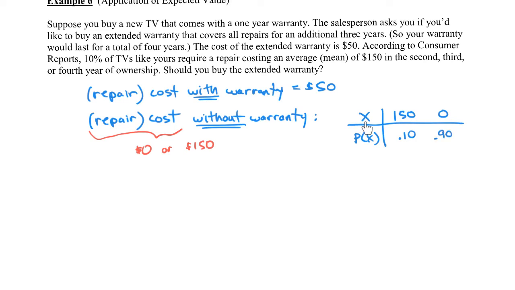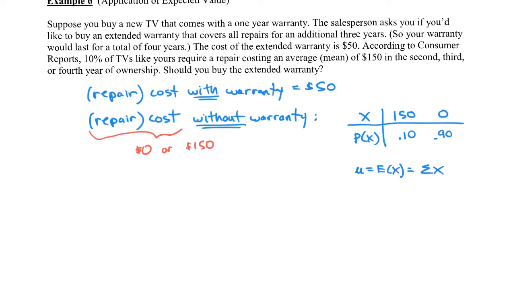So this is the probability distribution for this situation. We've got 2 outcomes. We pay $150 or we pay $0. There's a 10% chance we're going to pay $150, 90% chance we're not going to pay anything at all. So what we have to do is figure out the expected cost of this. We can figure out the mean of this, or the expected cost.